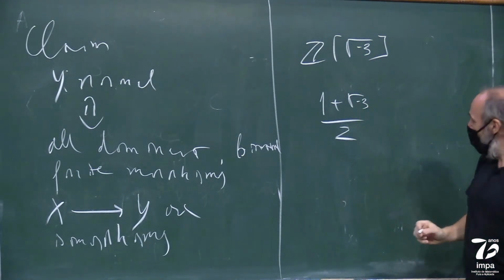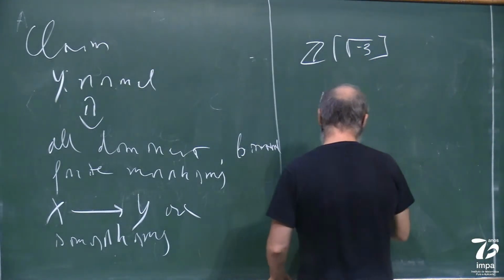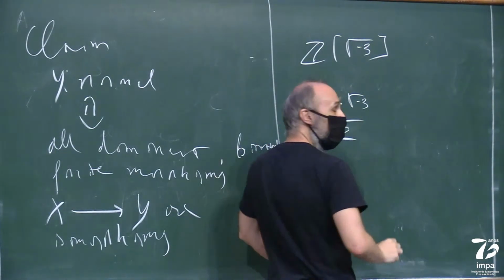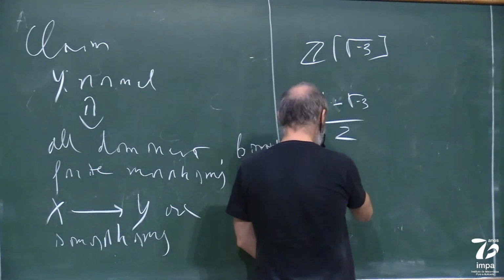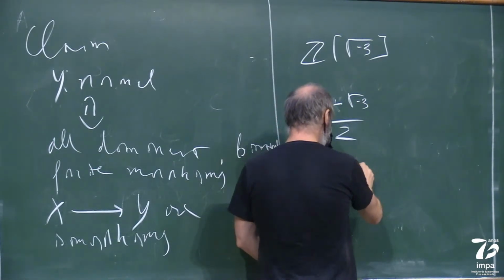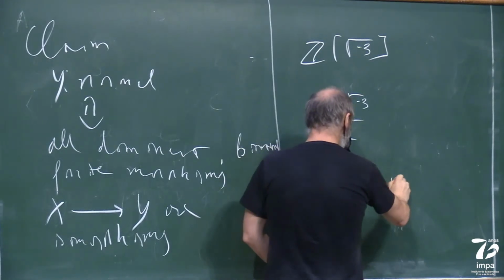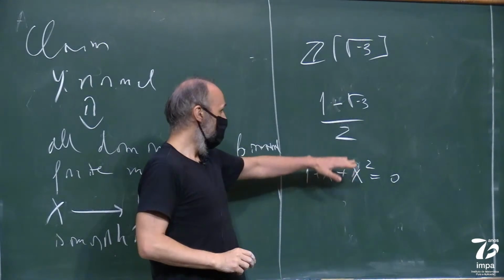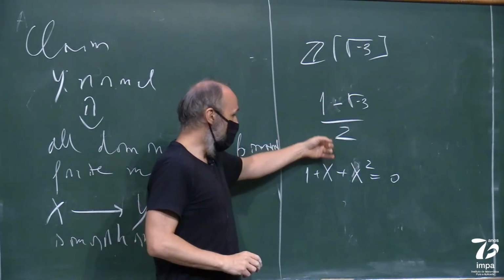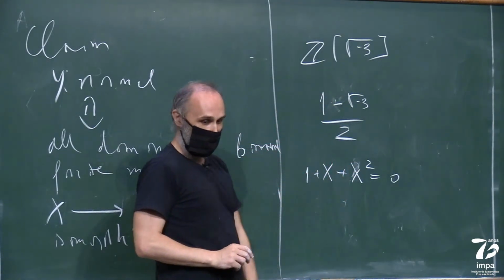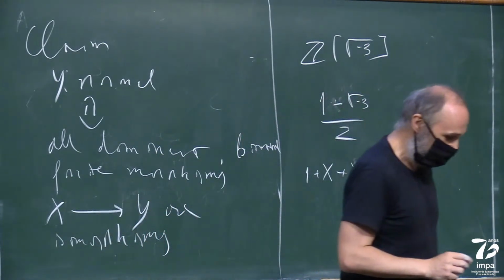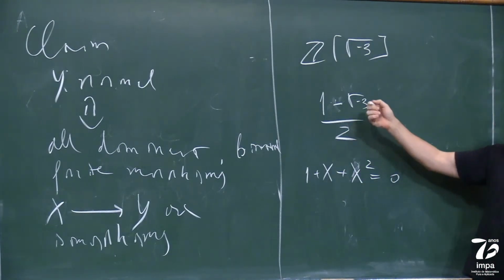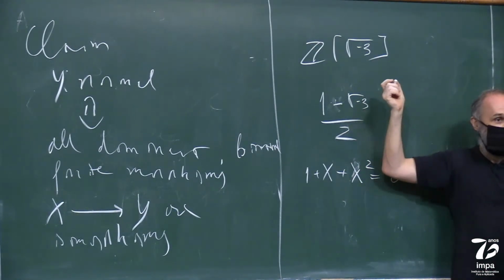But I claim that this is a root of a polynomial. Let's write minus, right? Then it will be 1 plus x squared equals 0, right? So this is a root of a monic polynomial, which doesn't belong to this ring.